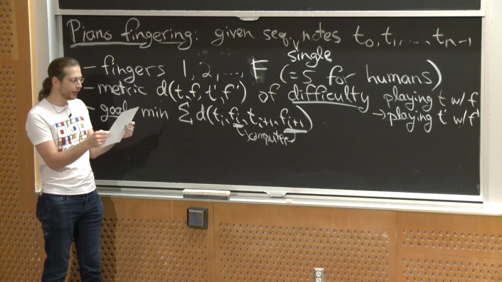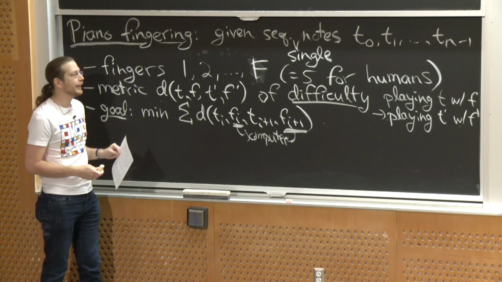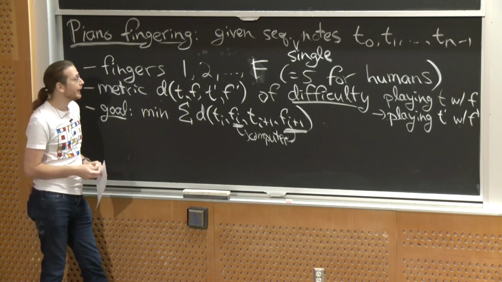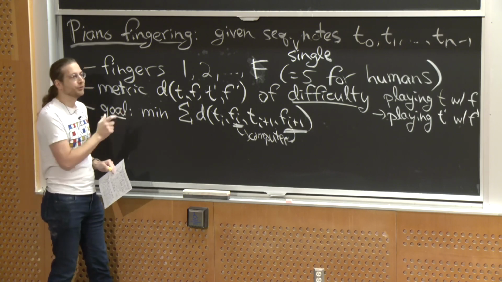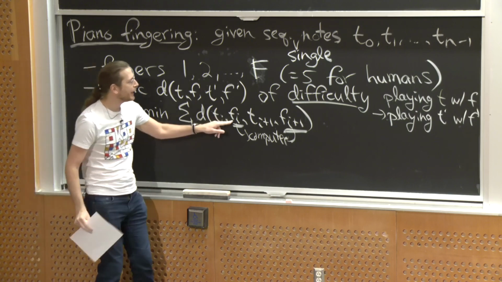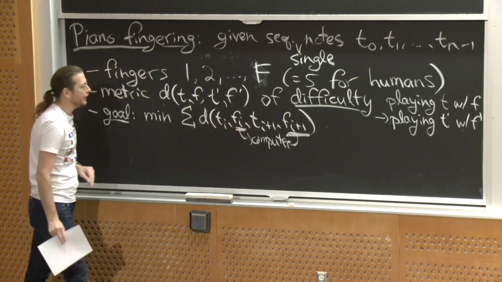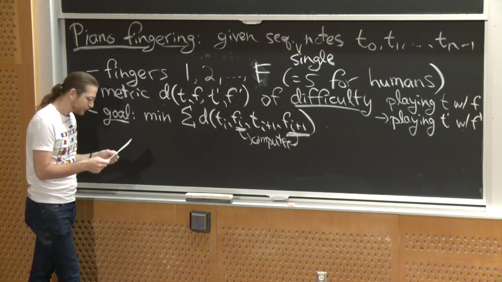Other examples are avoid the 4th and 5th fingers, the weak fingers, or if I'm playing a portion of the song that is legato, then I don't want to use the same finger to play 2 notes right after the other. I've got to use 2 different fingers for that. So you have a penalty if f_i equals f_{i+1}, and these 2 notes are not the same, and we're in legato mode, then we add a penalty term. And things like that.